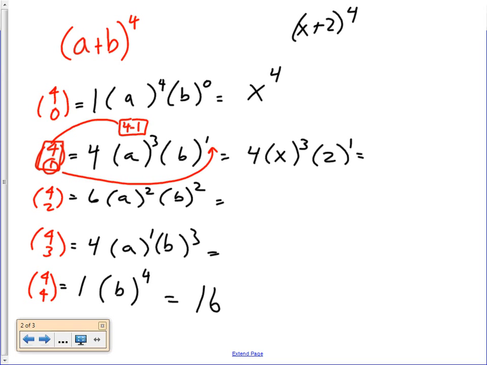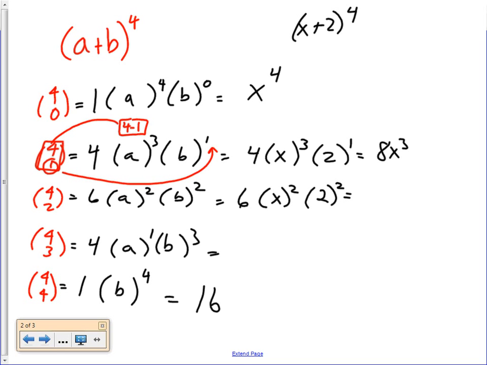Anybody? It'll be 64x. No, just 8x cubed. Remember, the cube only goes with the x, the parentheses. So here I go, 6x squared times 2 squared.